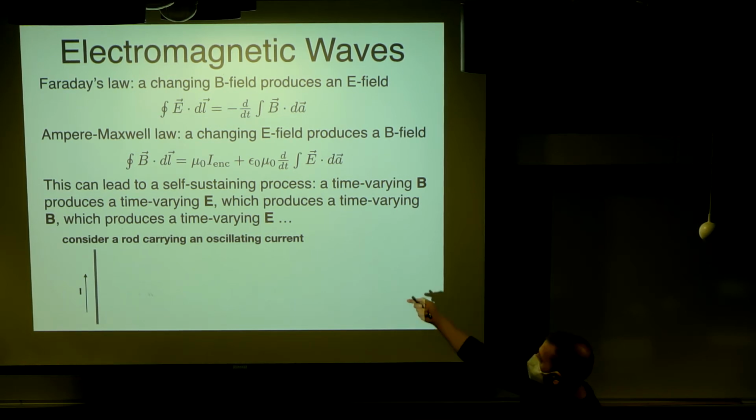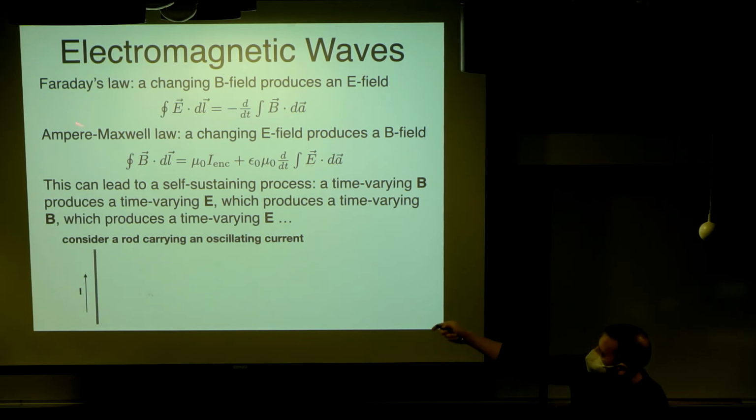So in a nutshell, you can think of that as the change in B here giving you this E field on this side. Okay? Whereas if we look at the Ampere-Maxwell law, if you remember that, this basically says that a changing E field produces a B field. Okay? So this is the formula that we derived last Wednesday.